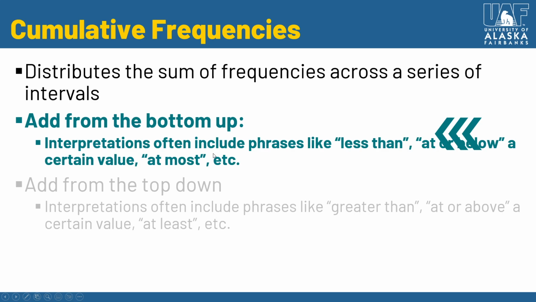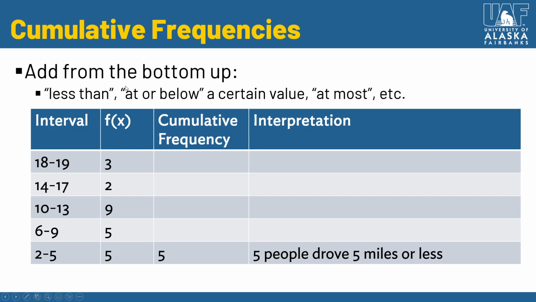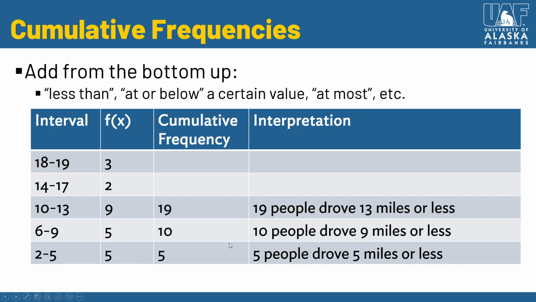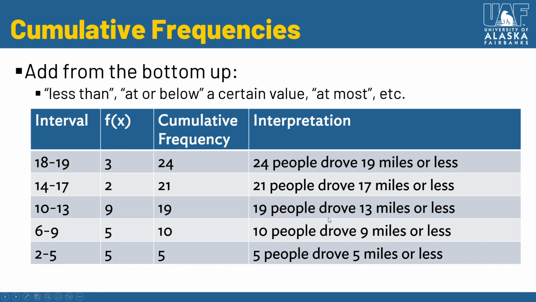Whoops, my arrows are wacky. So I just went over this briefly, but we can say 5 people drove 5 miles or less. 10 people drove 9 miles or less, right? Because we're just adding 5 and 5. And the upper boundary in our interpretation is the upper boundary of that interval. 19 people drove 13 miles or less, right? So we're adding 9 to 10, and so on and so forth.